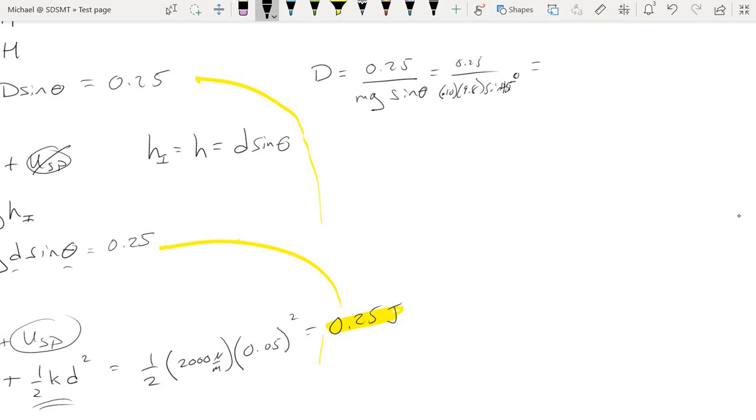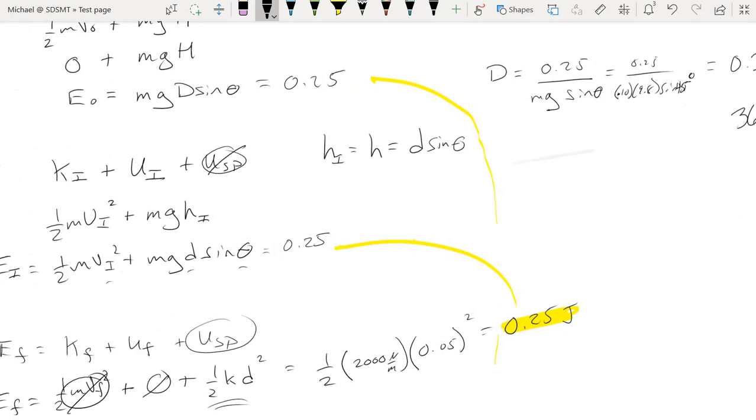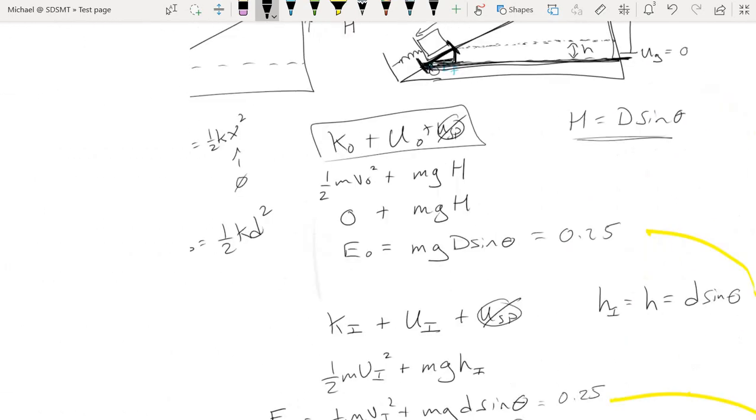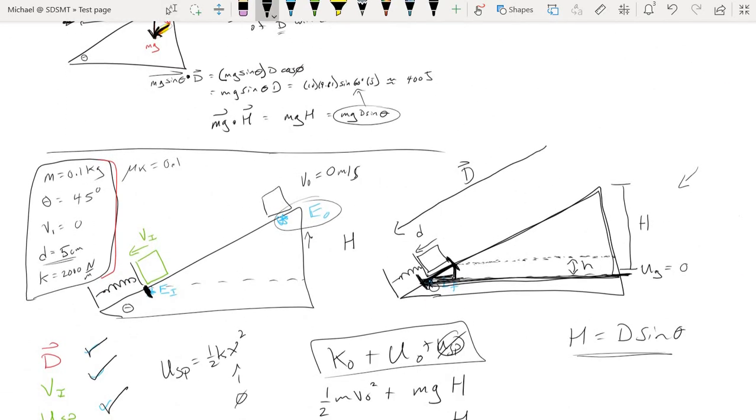Okay, this gives us something that we can actually work with. So I'm getting 0.36 meters, or 36 centimeters, or we can say that the block was released 31 centimeters above the equilibrium position of the spring.